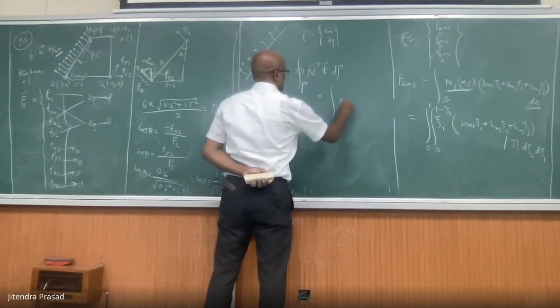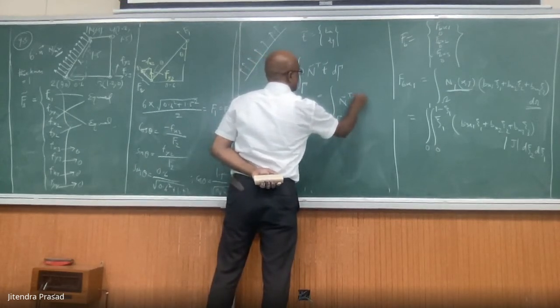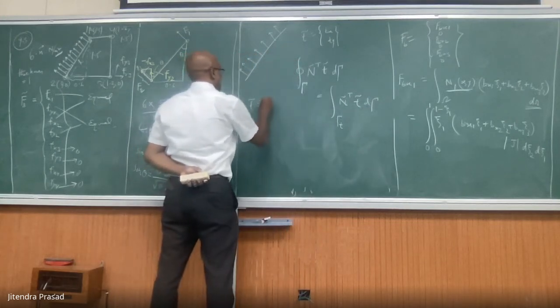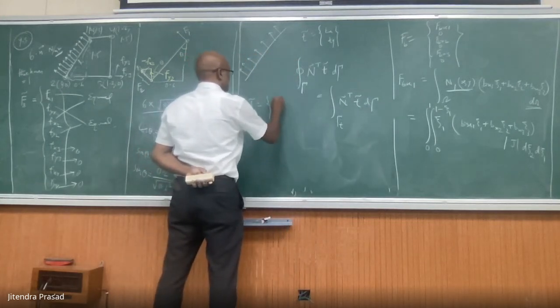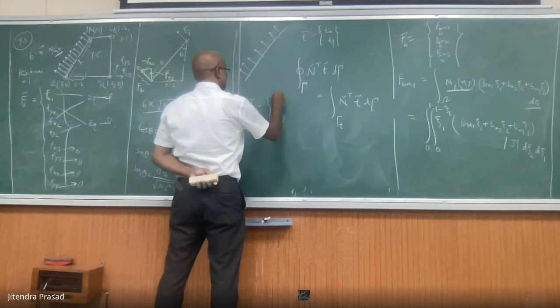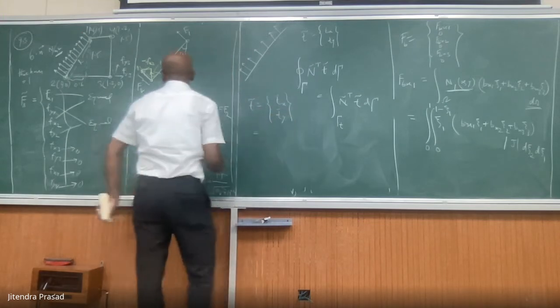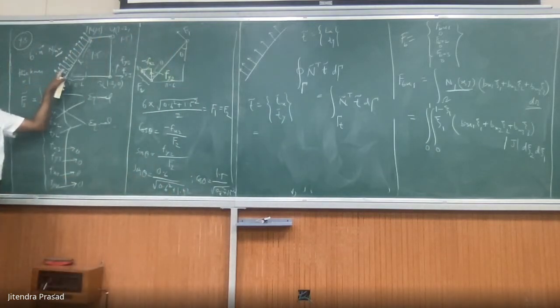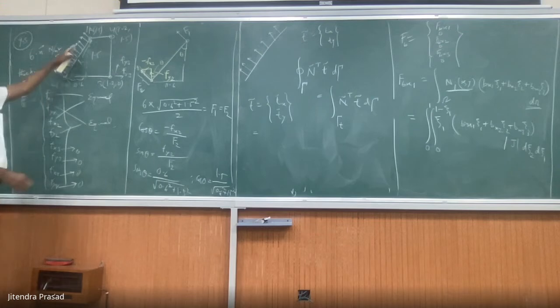And then N transpose T tilde is nothing but Tx and Ty, right? And here Tx and Ty you can find out the component of it.